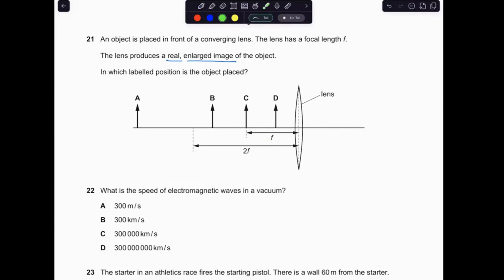When we place an object inside the focal length, for example at D, that produces a virtual image and it's enlarged. That's the setup we use for a magnifying glass. So because this is a real image, the location cannot be D.